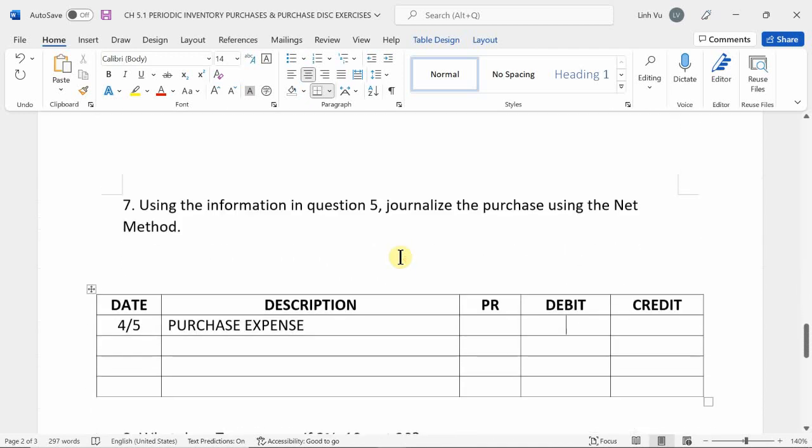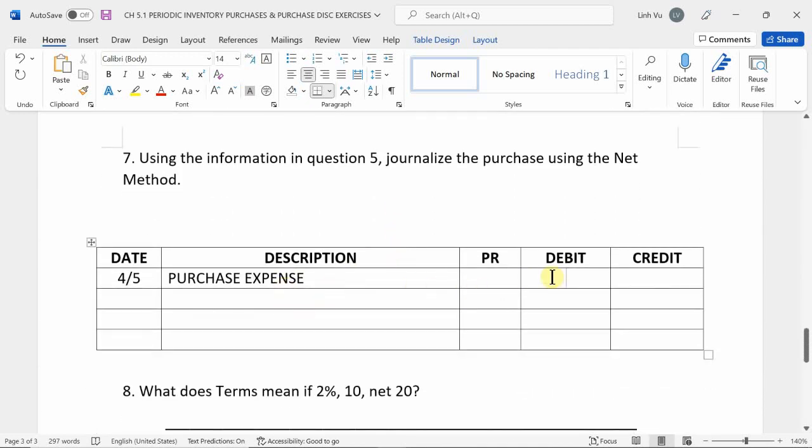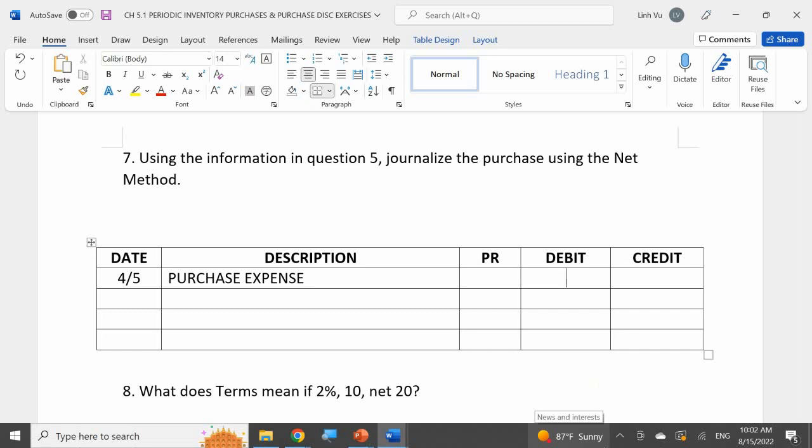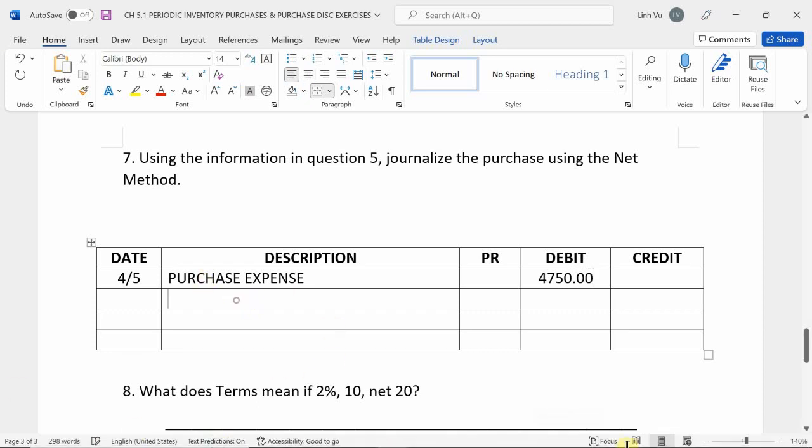If I can take that off of my purchase price immediately, then what's the price of my discounted items? Am I paying $5,000? No. How much am I actually paying? Okay. So 5,000 minus 250, 4,750.